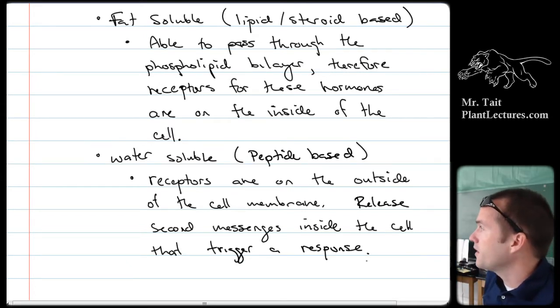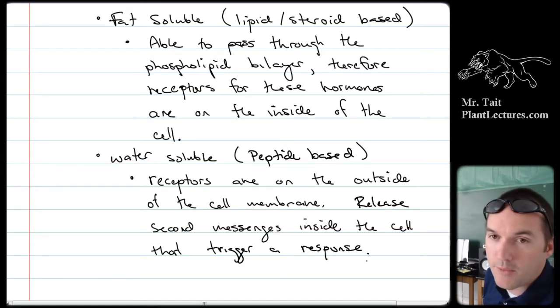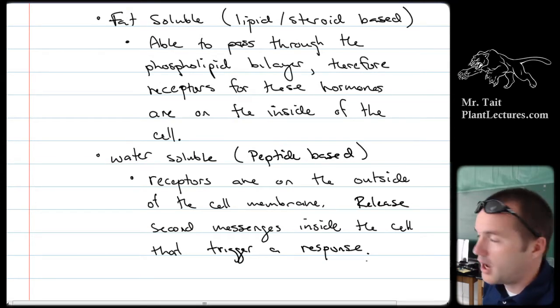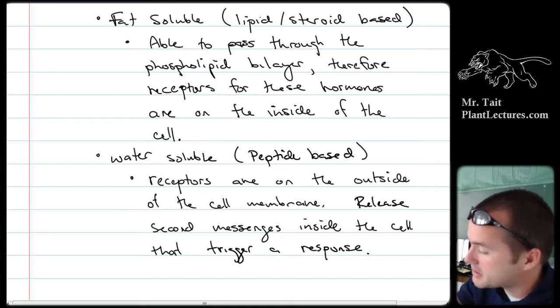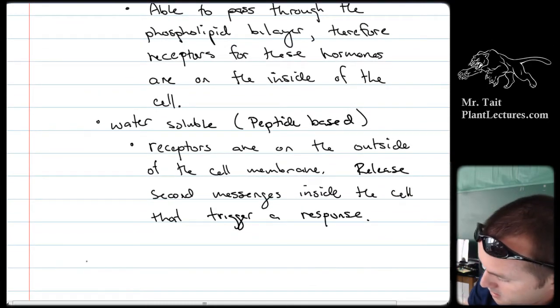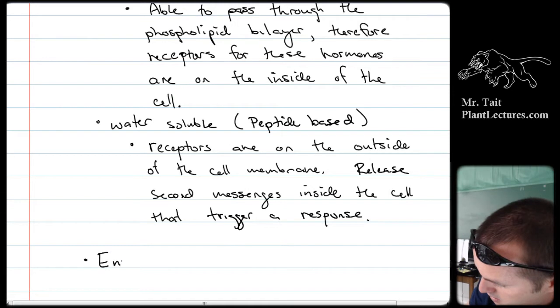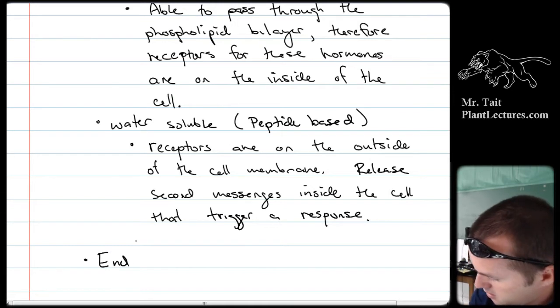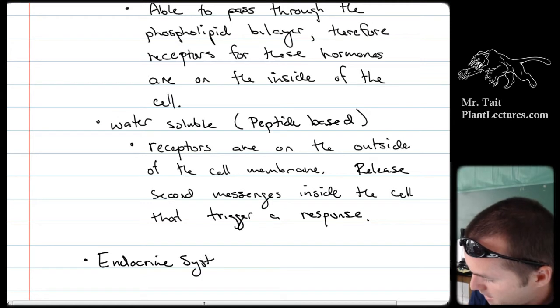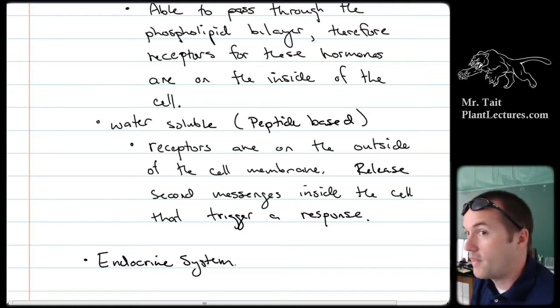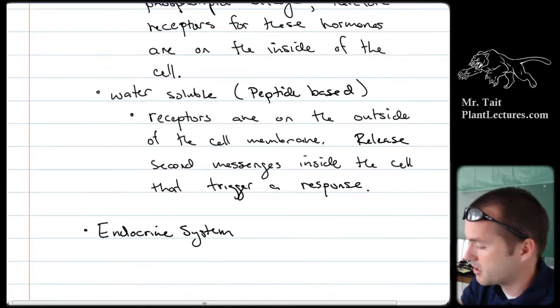It's also worth noting that there's another way that we can talk about hormones. There's what's called the endocrine system. And the endocrine system is something where these hormones are going to be secreted inside the body, and they're going to be used for internal purposes really only.